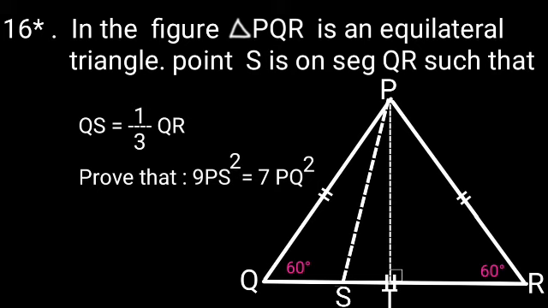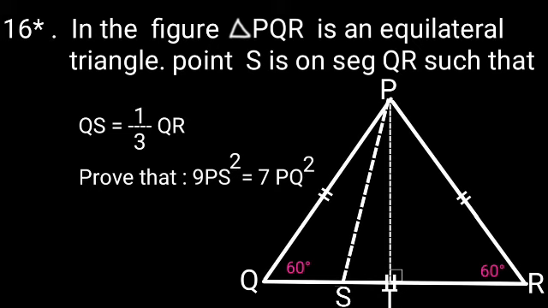Example number 16 star. Example, in the figure, triangle PQR is an equilateral triangle. Point S is on segment QR such that QS is equal to 1 upon 3 QR.